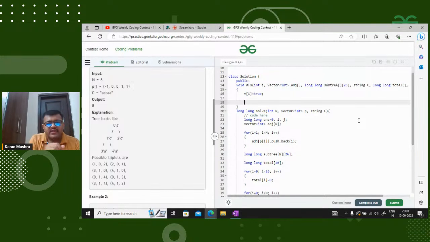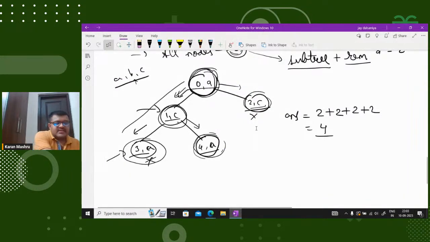So what I can do is, after traversing from each branch, my total of ij will change, right? Suppose I am here, and suppose I have traversed this branch.